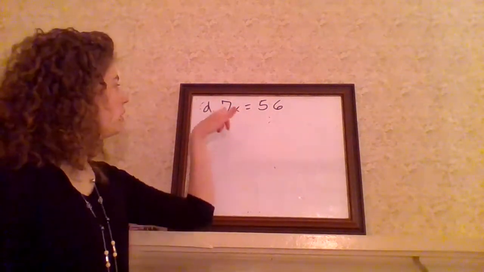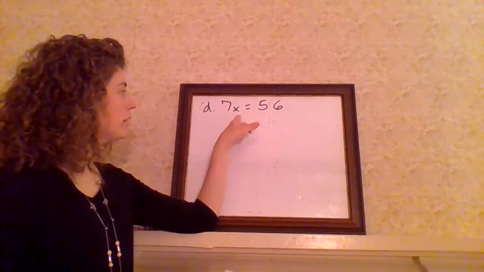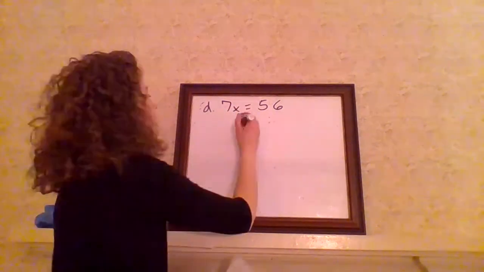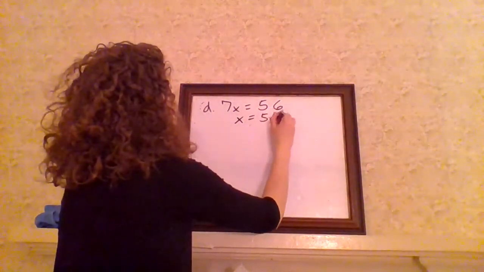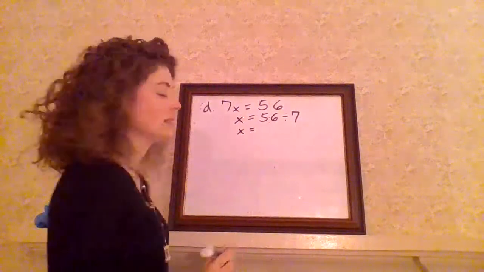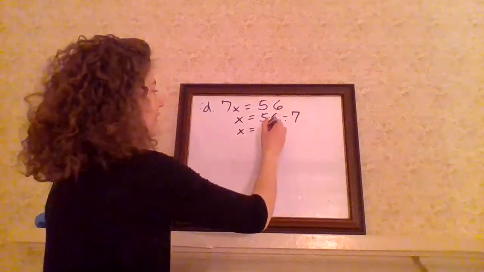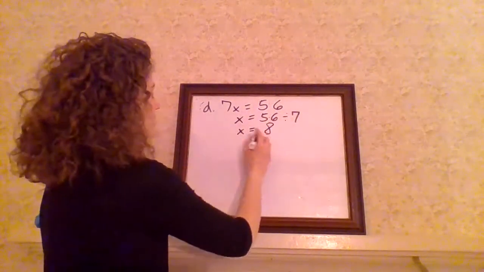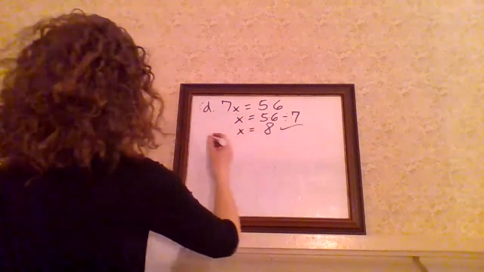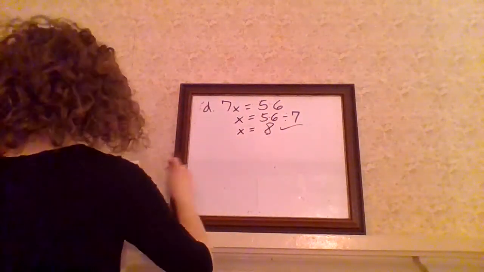So what you can do to find this x is divide 56 by 7. So x equals 56 divided by 7. x equals, what's that? 8. Let's check it. 7 times 8 equals 56. Good.